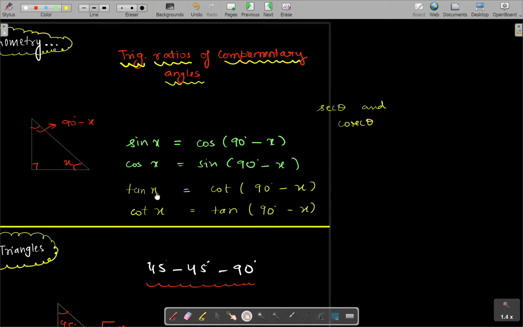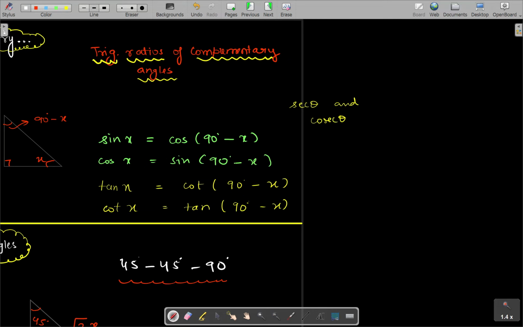Now, how you can remember this is, see, sine and cosine. So this co stands for complementary. From sine you get cosine. Then tangent, cotangent.